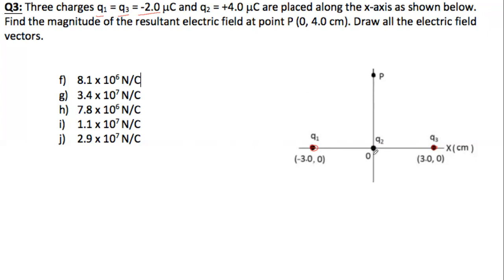And Q2, which is right here at the origin, is positive, and it's equal to 4 microcoulomb. So this distance here is 3 centimeters, and this distance is 3 centimeters.